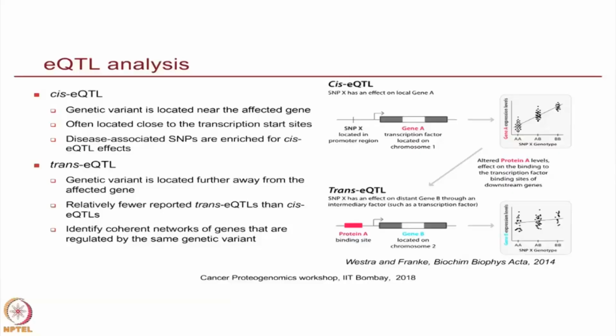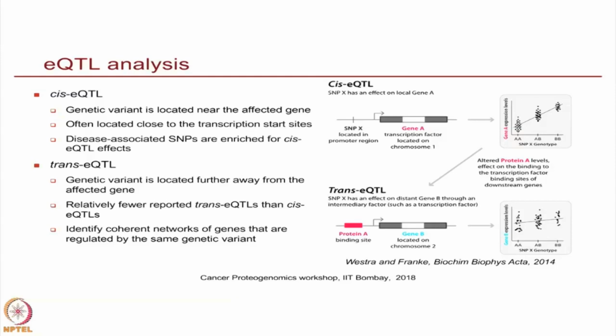Sometimes a SNP can be very close to the gene, and a lot of times you can find SNPs in the promoter region, because there are a lot of regulatory sequences there. You can find the relationship between genotype in that region and the expression of the gene right next to that SNP. These are called cis-eQTLs, or similarly, for protein expression, cis-pQTLs.